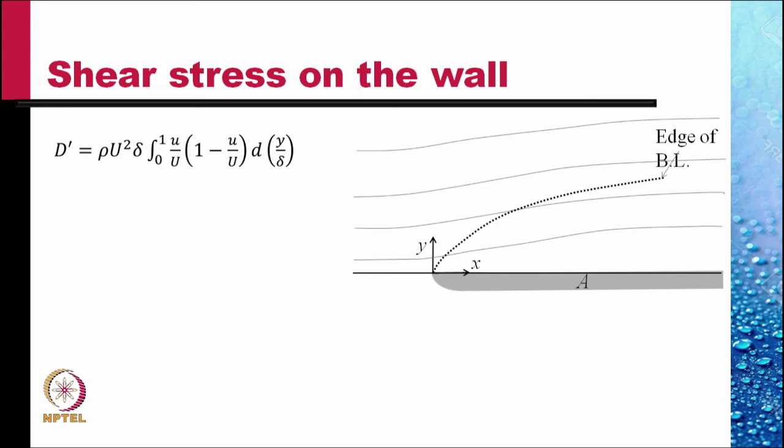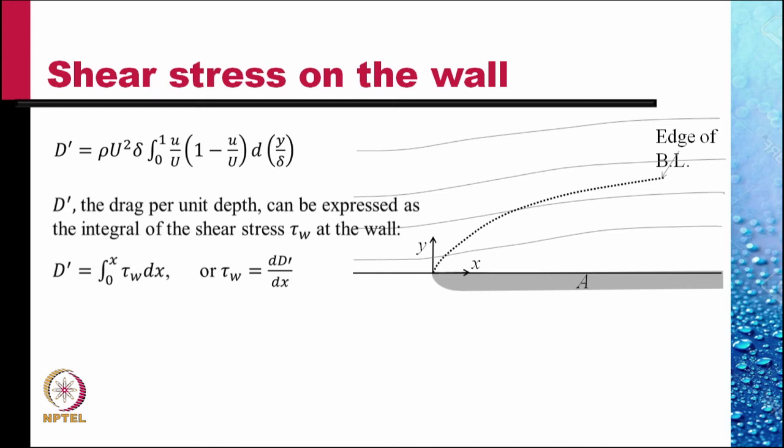Now let's express this in terms of shear stress on the wall. This is D prime that we obtained. D prime is the drag per unit depth and can be expressed as the integral of the shear stress tau w. D prime is the integral from 0 to x of tau w dx, with x equal to L, or by differentiating we get tau w, the shear stress at the wall, as d D prime by dx.